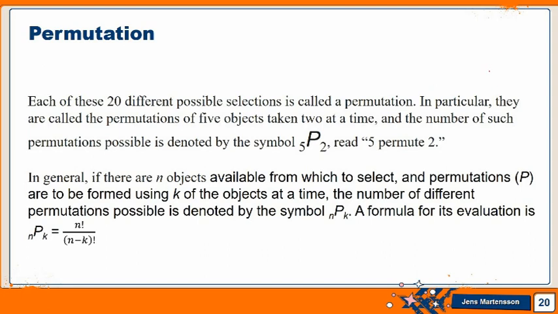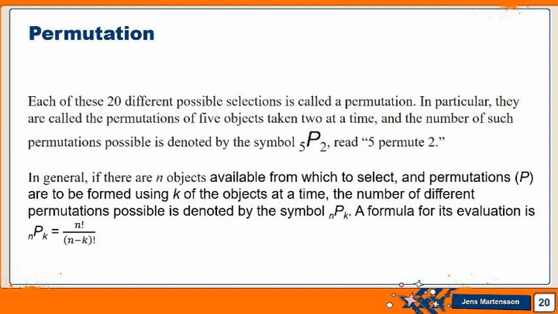So, in this case, we have 5P2, where n is the number of objects A, B, C, D, E, and 2 is because we are taking 2 letters at a time. So, 5 permute 2. In symbol, it is n permute k.